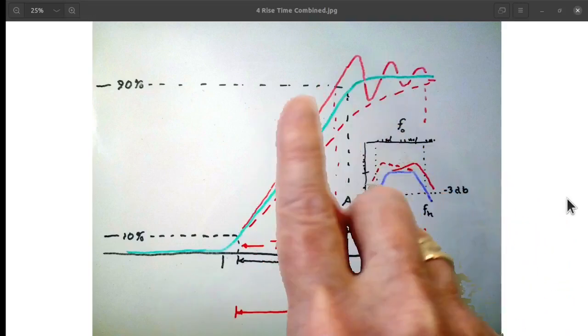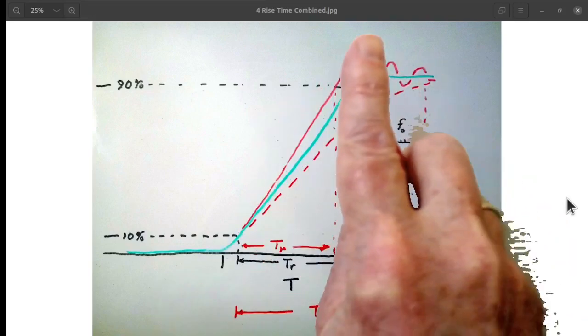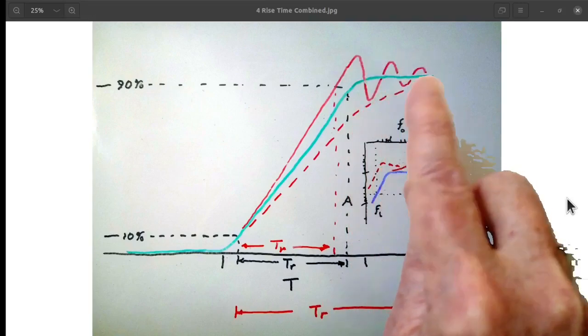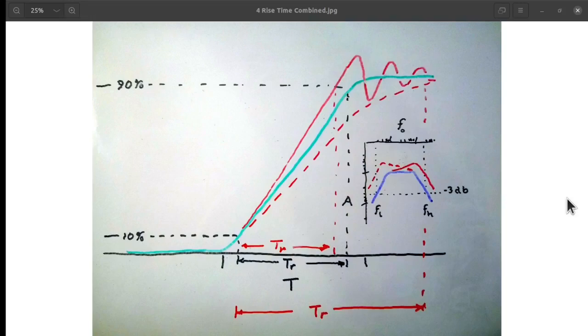Now, you'll notice that this curve is diminishing, so that is called, well, this is the action of a snubber. A snubber in a switch circuit is something that absorbs these oscillations. And these oscillations frequently come in practical applications.